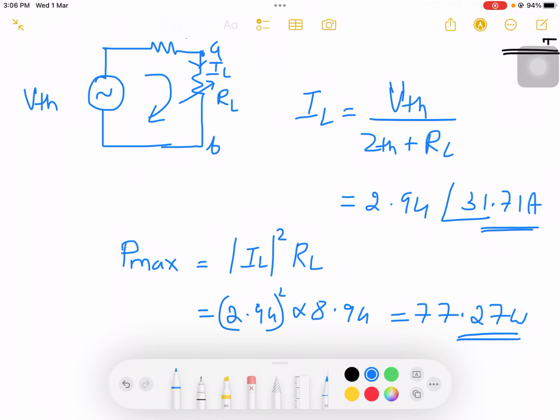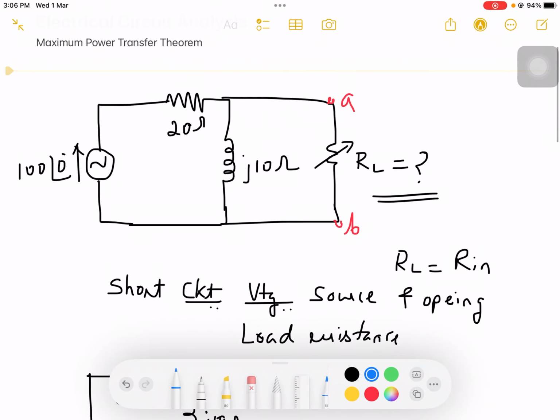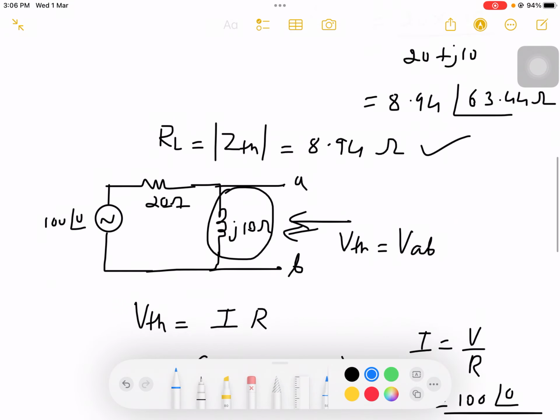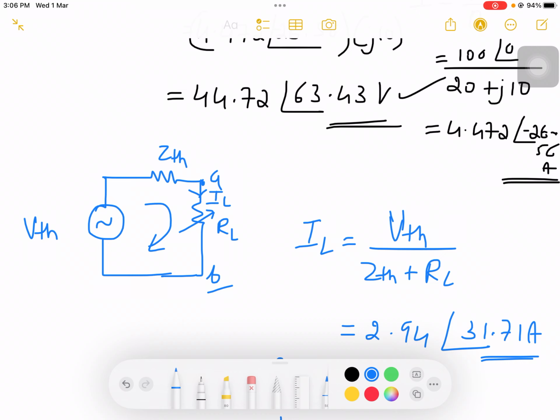So this is the solution. Actually we are supposed to find the RL value, which we got directly. Once you get RL, I can calculate the maximum power by writing the equivalent circuit for maximum power transfer. So this is the solution for this.